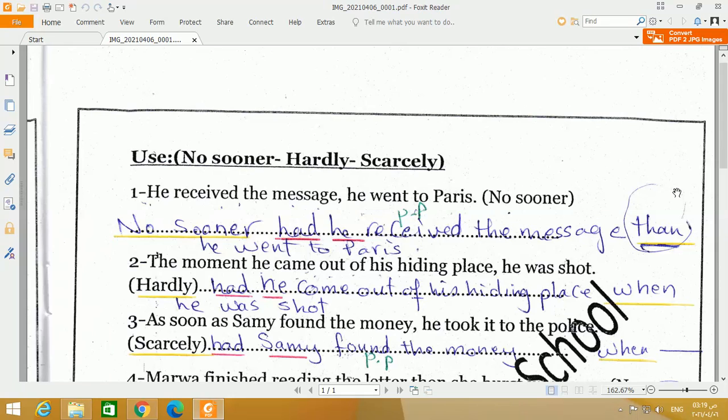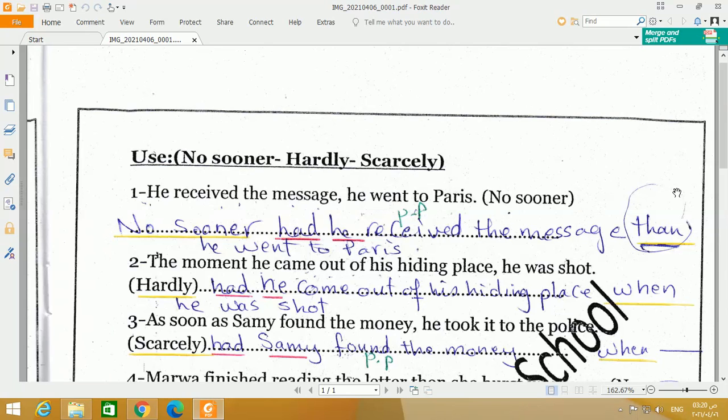Number two, the moment he came out of his hiding place, he was shot. Hardly, as no sooner. Had he, hardly had he come out of his hiding place when he was shot.